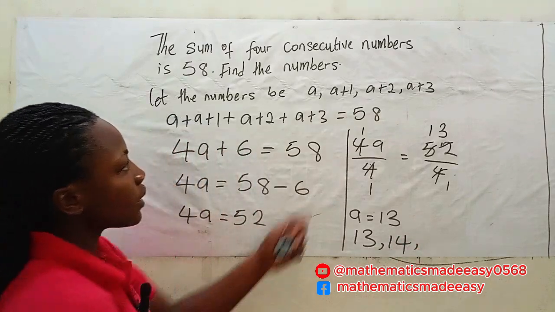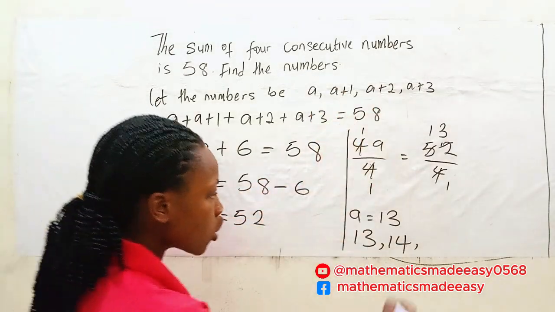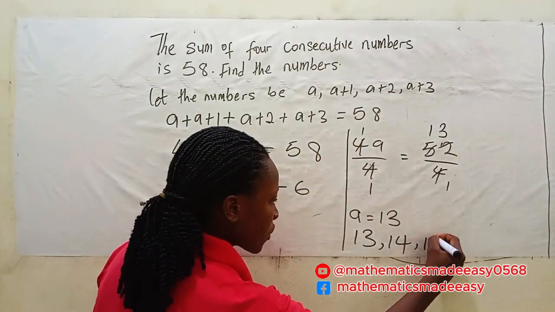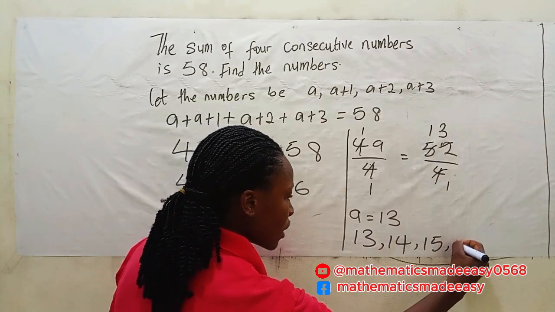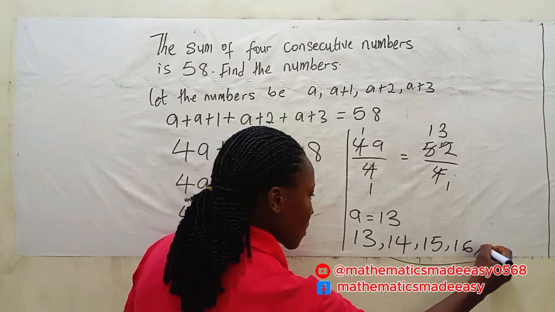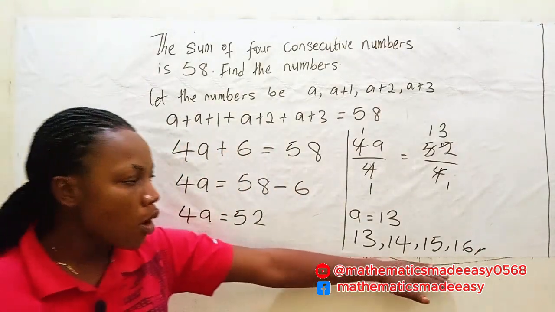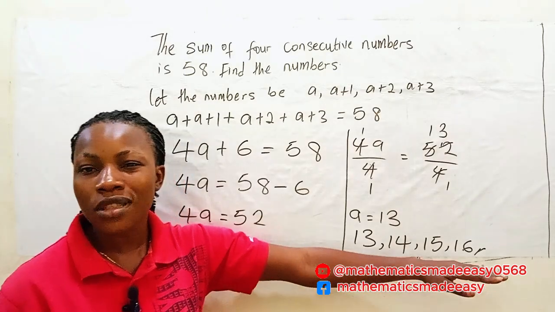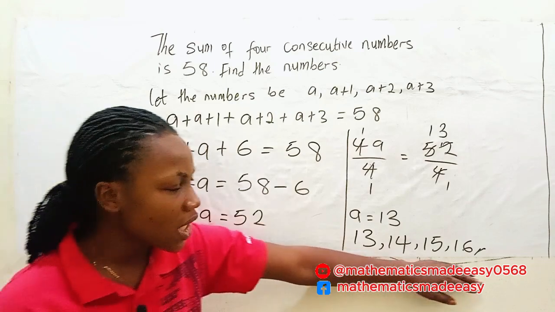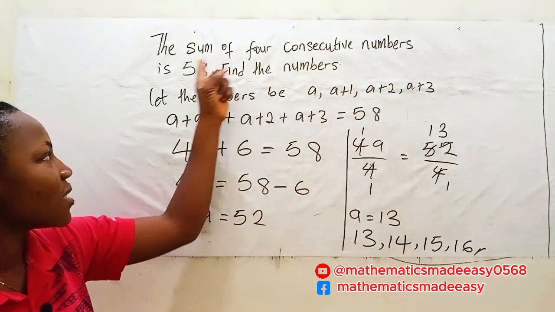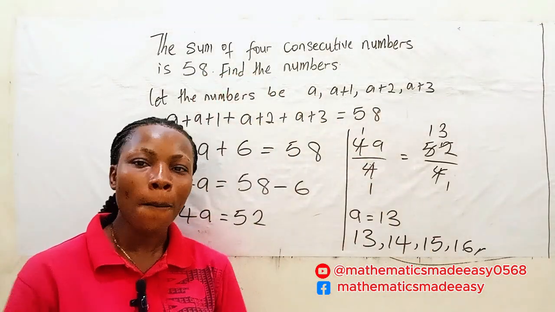All right, the third number, we added 2 to our a, so it's going to be 15, while the fourth number is going to be 16. All right, so these are the four consecutive numbers, and once we add them together, we are going to get 58. So these are our numbers.